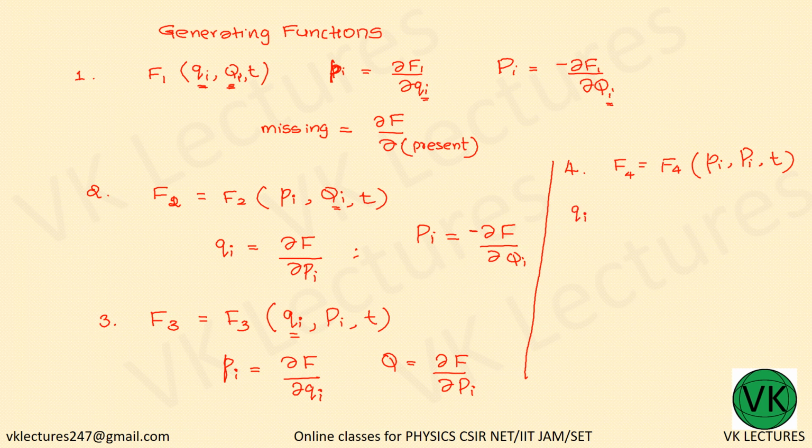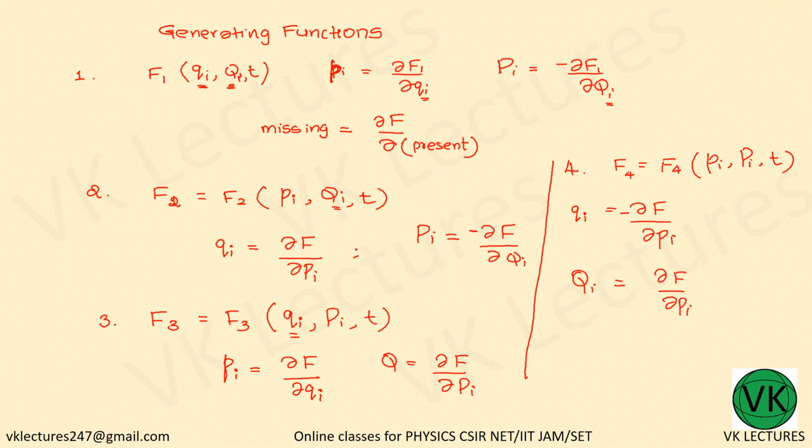Qi is equal to dou f by dou present, that is dou pi, and here we need a minus sign. And capital Qi is equal to, we need capital Qi, that is dou f by dou pi.